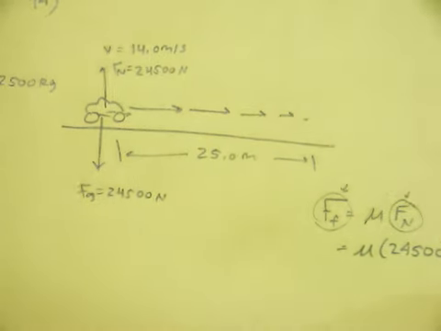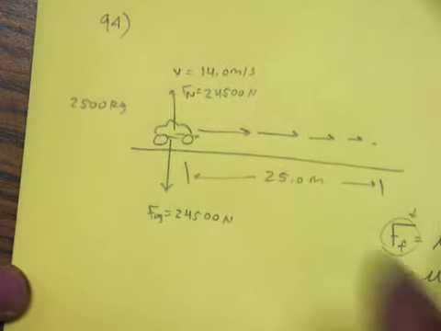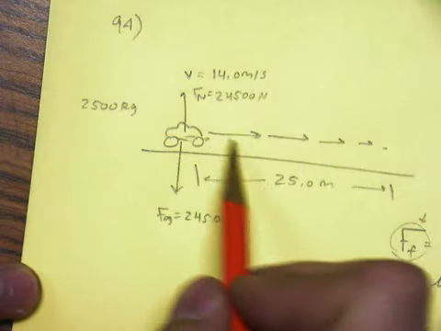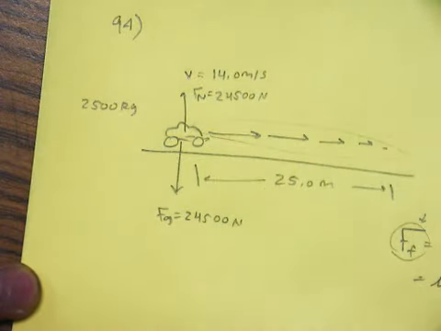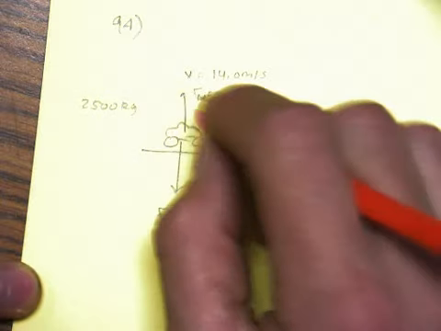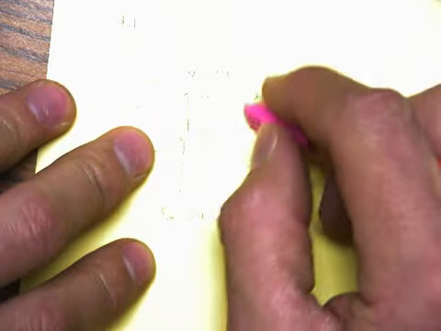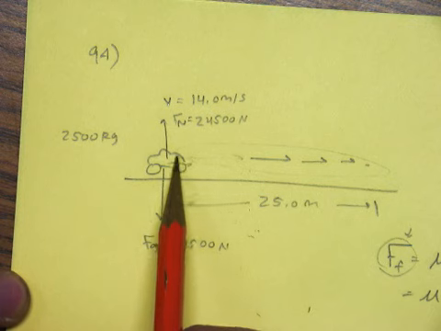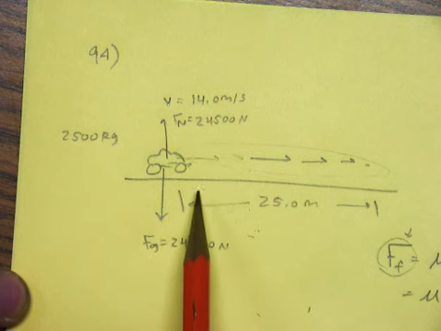Now friction will be a little bit trickier. These are my velocities, but what forces are acting on this car? Once you start applying the brakes, the engine isn't driving, so there's no force pulling this car forward.